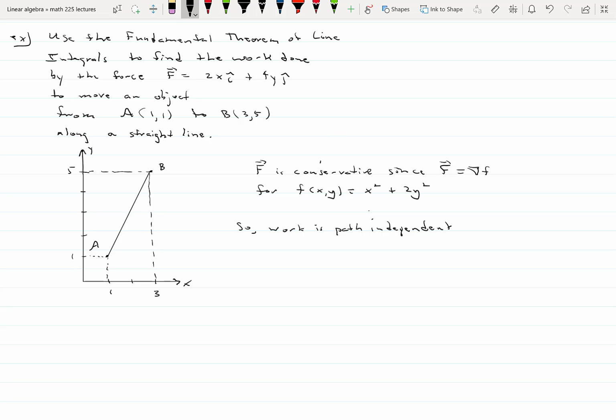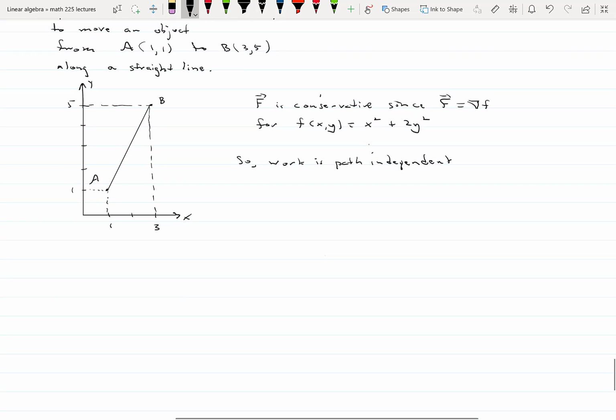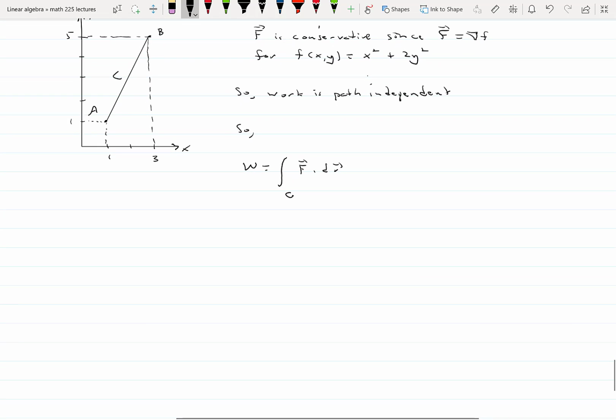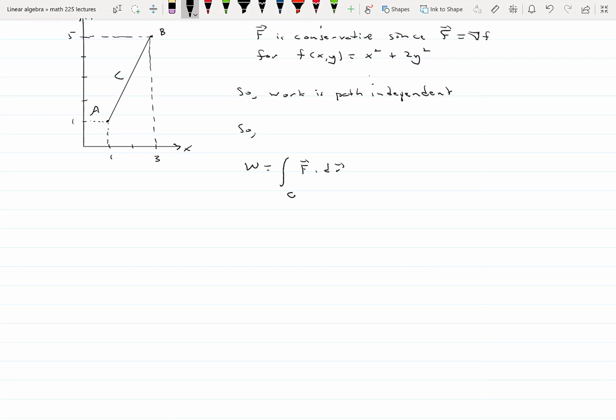The same amount of work would be done. So the work, which is defined as the integral along C, and we'll call C the line segment, the integral along C of F dot dr. But we don't have to evaluate this line integral directly because we have a conservative field. So it's the integral along C of the gradient of f dot dr.